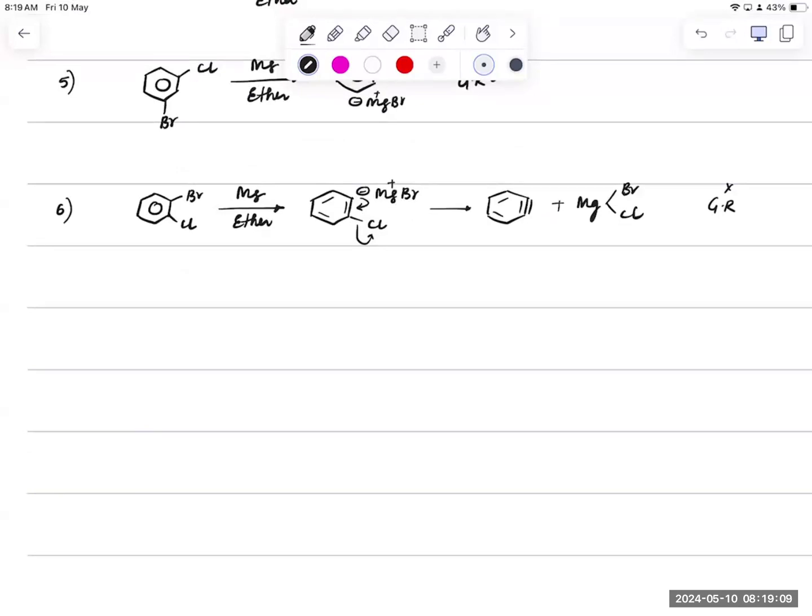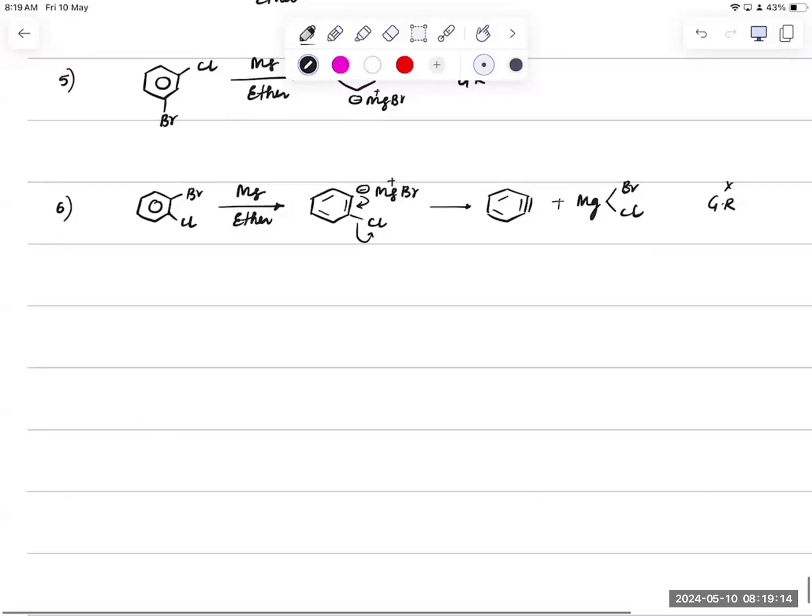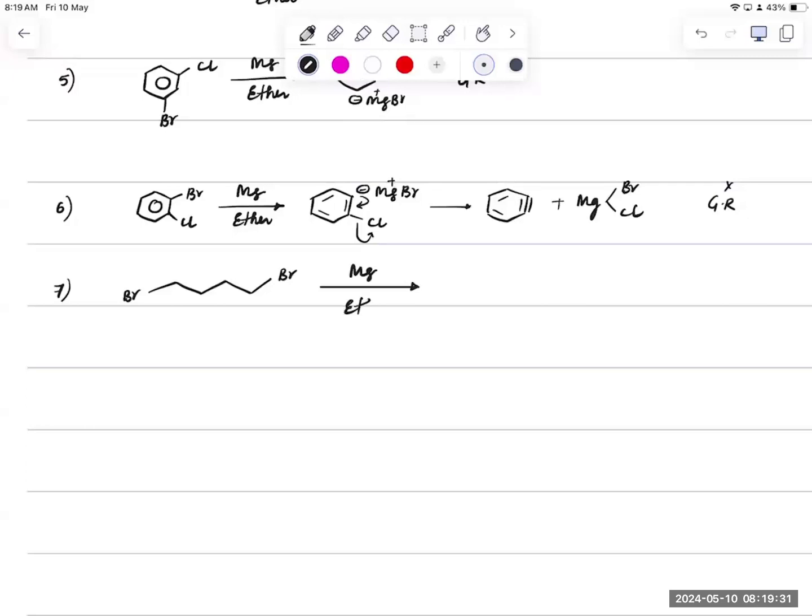Okay, clear everyone? Right. Next, if you have 1, 2, 3, 4, so Br is here, 1, 2, 3, 4, and one more Br is here. If you take in this case magnesium and ether, here also we'll get 1, 2, 3, 4.